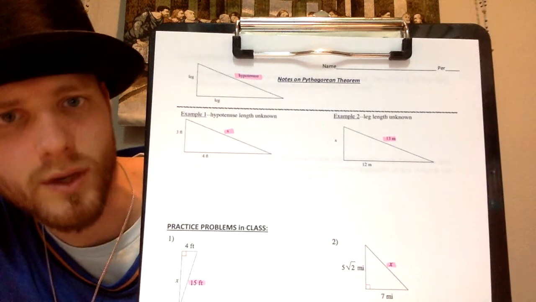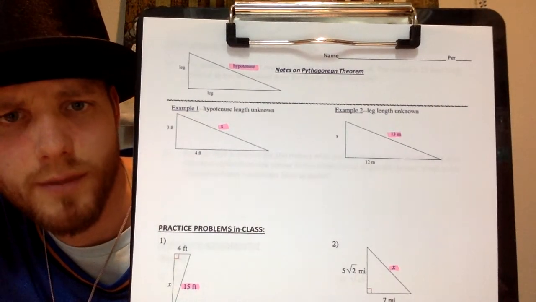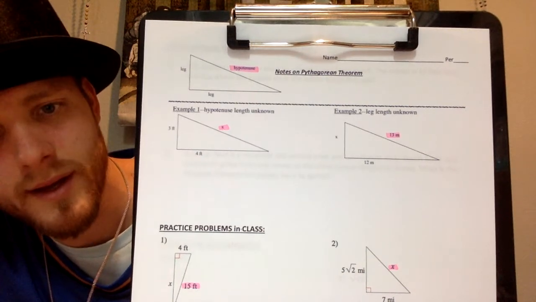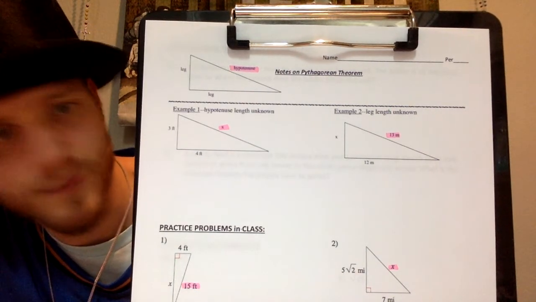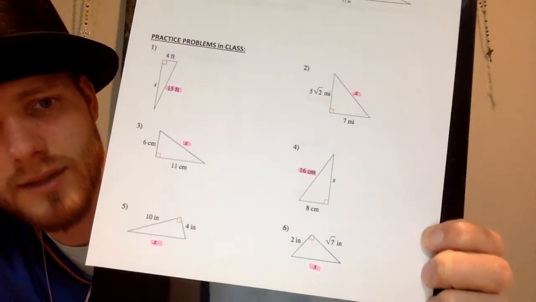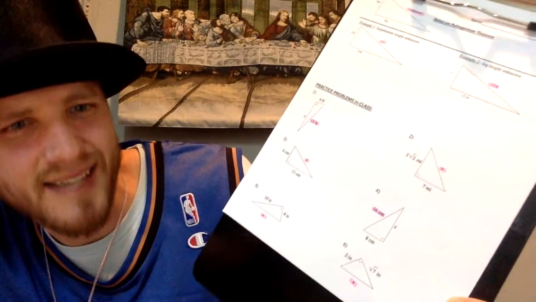I'm going to do these on this clipboard in class for our notes. And then I'm going to do these 6 problems as our class examples, so to speak. And then we will do 2 word problems on the back. And that's going to be it. All right, so we're going to try to get this done ASAP.